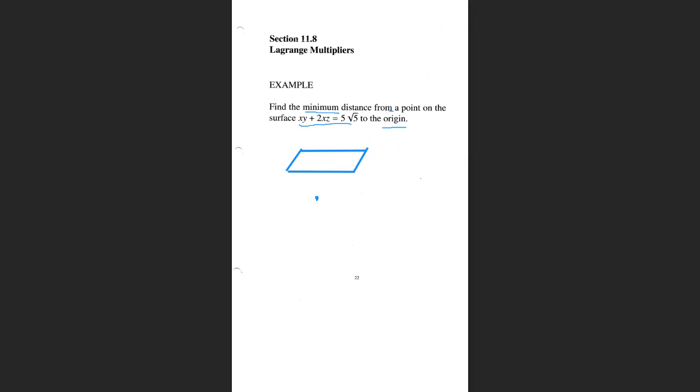you'd have to find a point in the plane that's closest to the point outside the plane, the shortest distance.